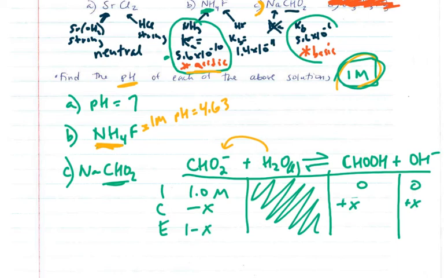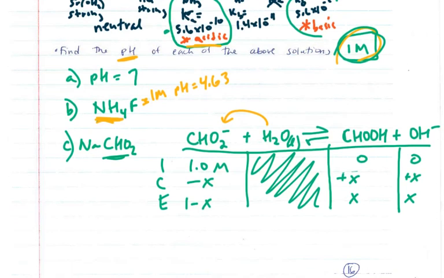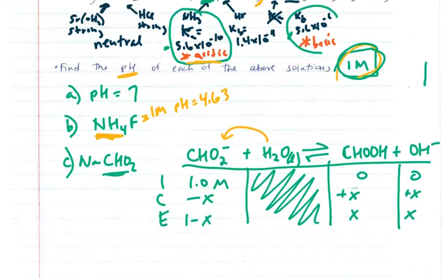So at equilibrium, that will be 1 minus x, and that will be x. So we're going to have the same math to do, just a different Kb, okay? And also, we are calculating the concentration of OH minus, so we'll calculate the pOH and then the pH.